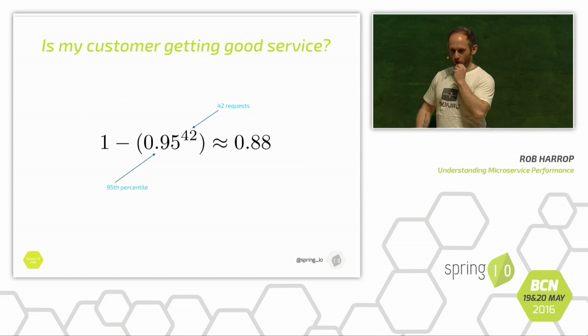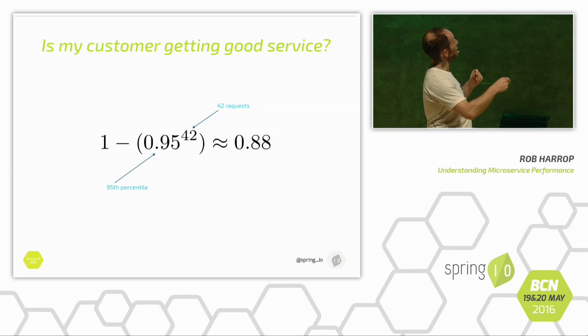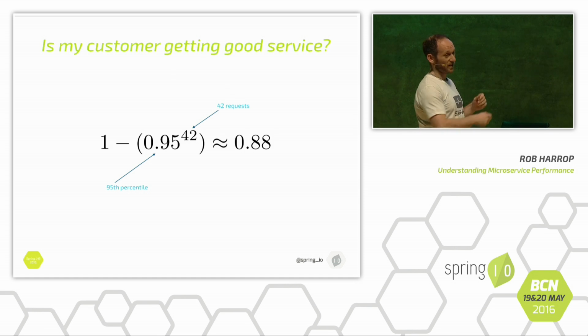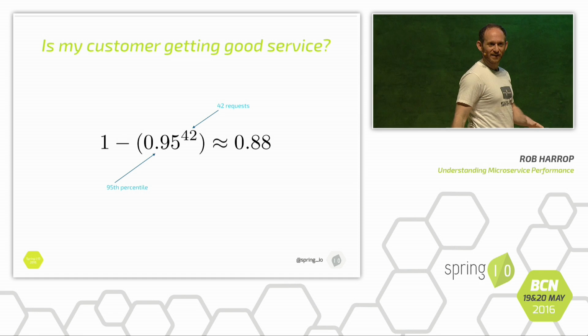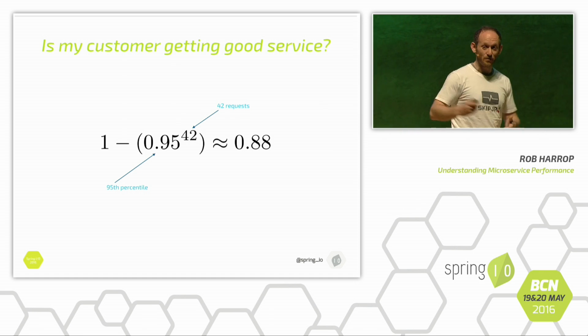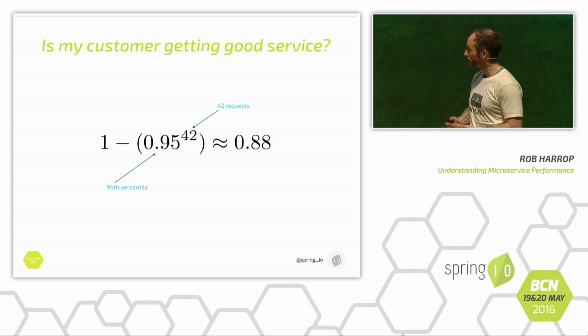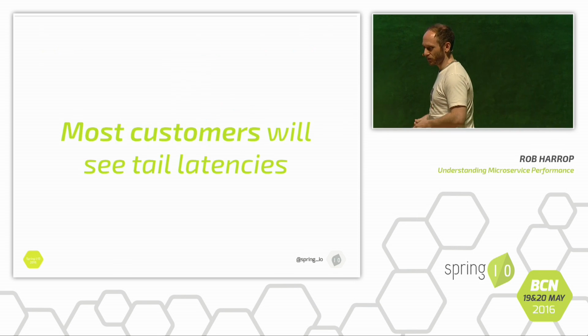So you get this function. You actually get to figure out that the chance of a customer seeing something worse than the 95th percentile is about 88%. So basically everybody is seeing something worse than the 95th percentile every single time if you make 42 requests. And obviously, as this number of requests goes up, it gets worse and worse.